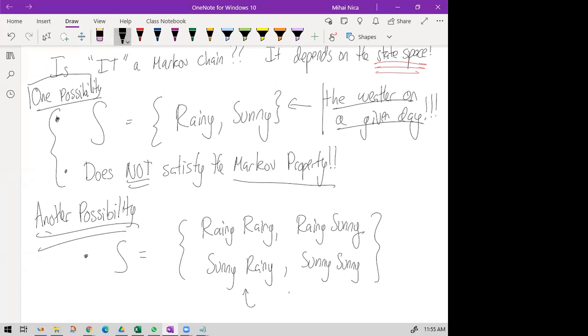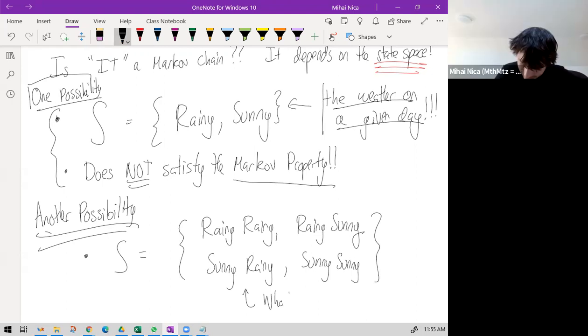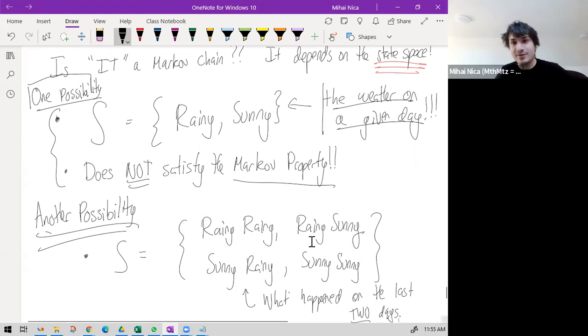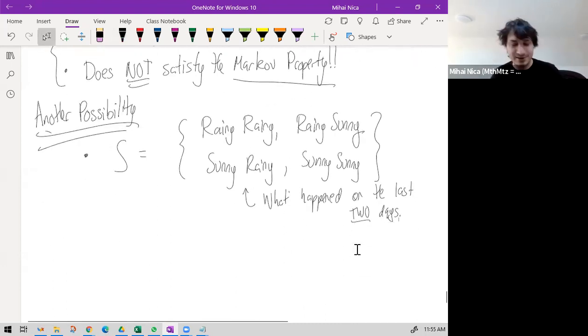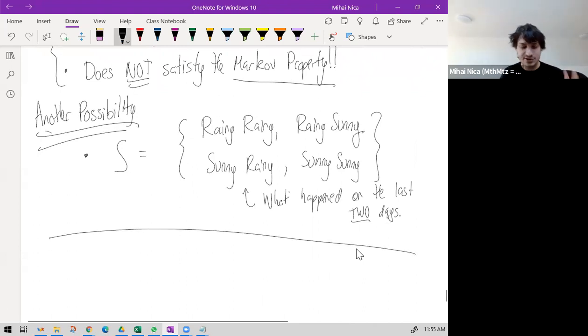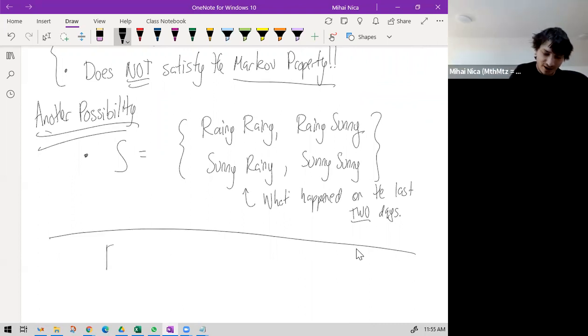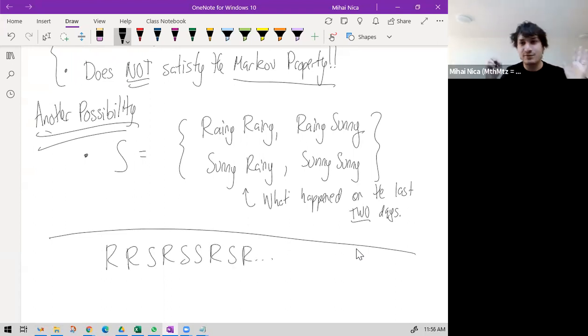And this is going to represent what happened on the last two days. The way that really clarifies what's going on here, at least in my brain, is you can think of the weather as actually a sequence of letters R and S. It's like a really long word. It goes R, S, R, S, R, S, R, and it goes on forever.